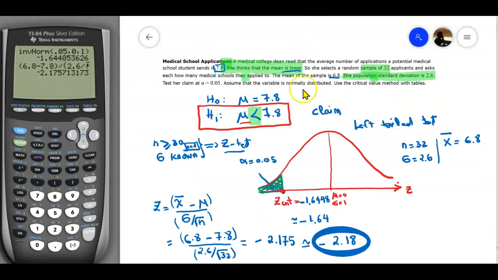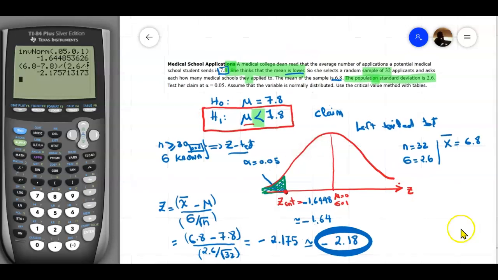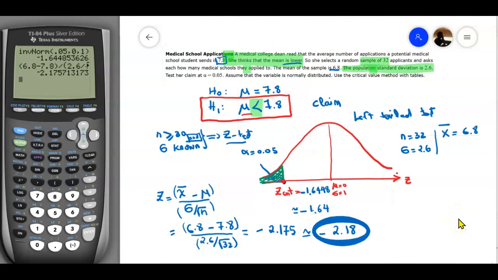So the decision is made according to the comparison. We're going to plug in the z-test. This was our z-test here. Now, what is the meaning of z-critical? The meaning of z-critical is the threshold where you separate between accept and reject.